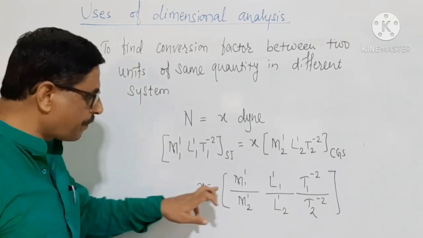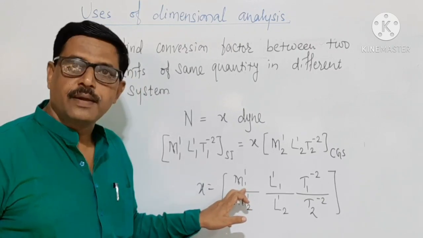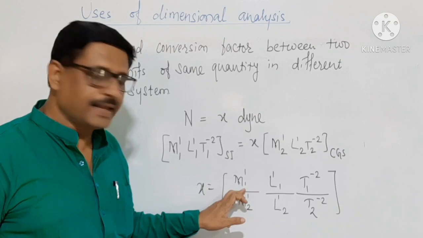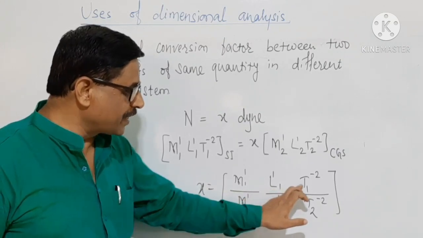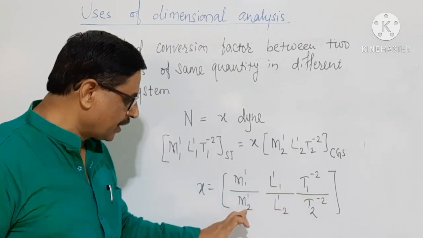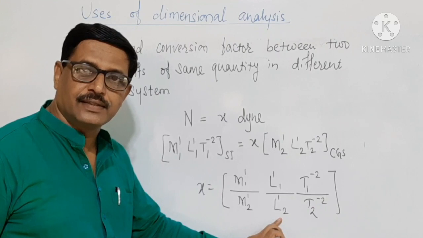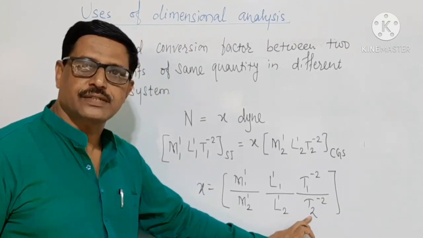Now, suffix 1 indicates the base unit of mass in SI system, here the base unit of length in SI system, the base unit of time in SI system. Here, the base unit of mass in CGS system, the base unit of length in CGS system, the base unit of time in CGS system.